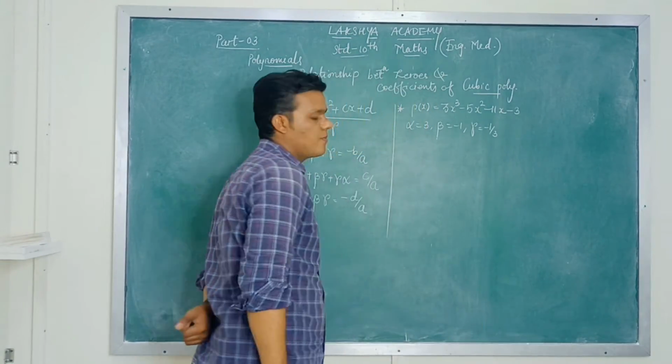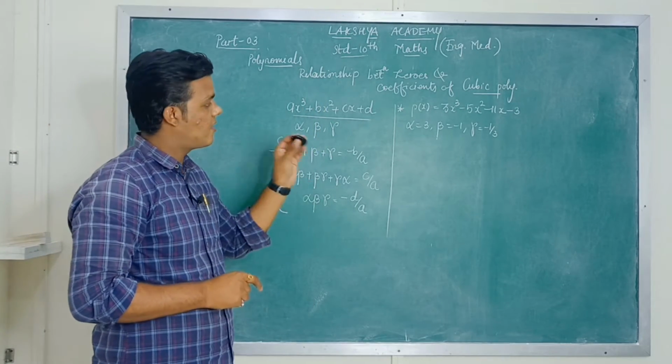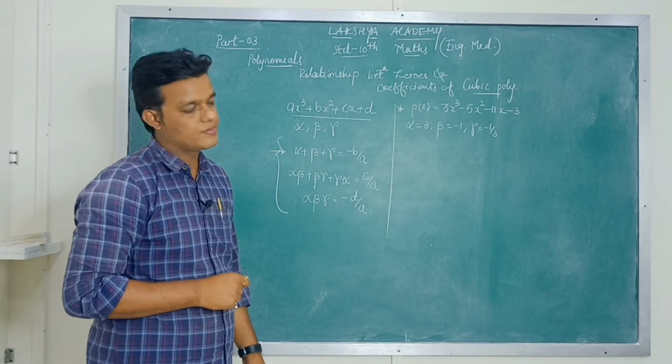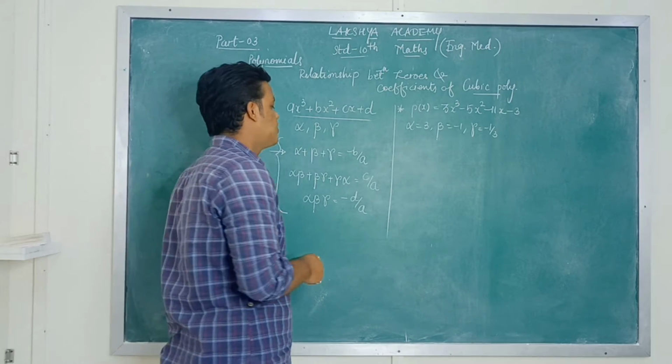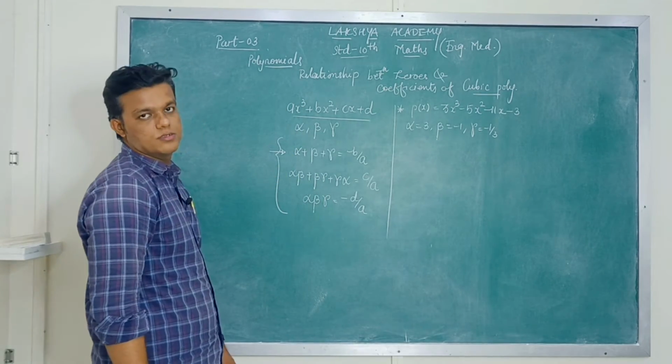So we are given a cubic polynomial and three zeros, alpha, beta and gamma, which are 3, minus 1, minus 1 by 3, right? And we have to check whether these relationships are true or not.